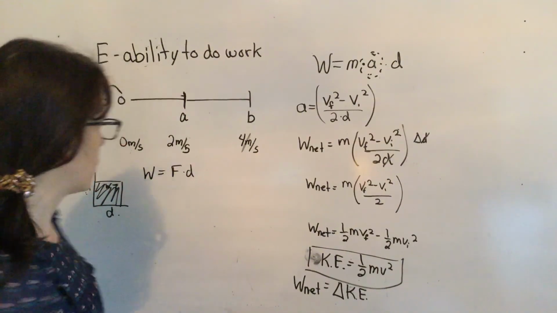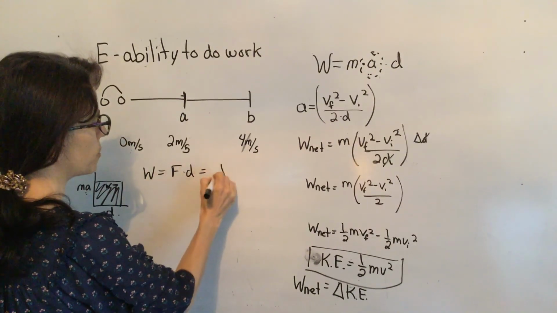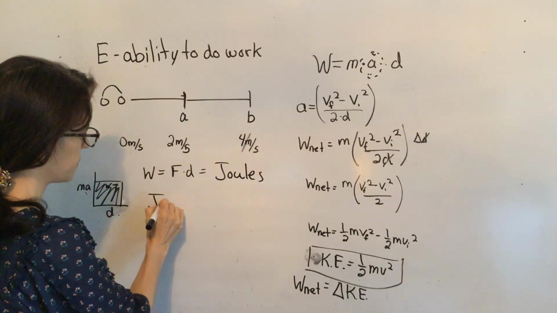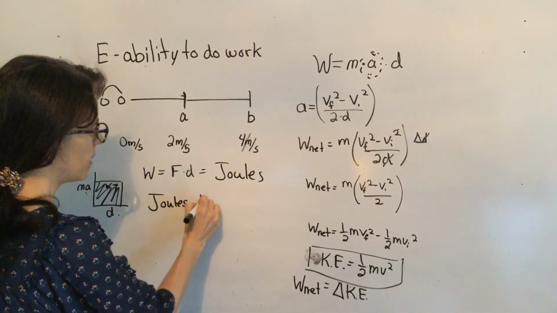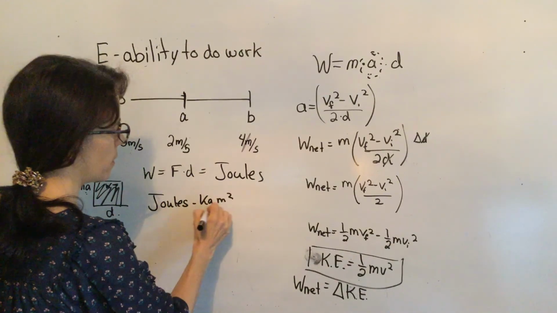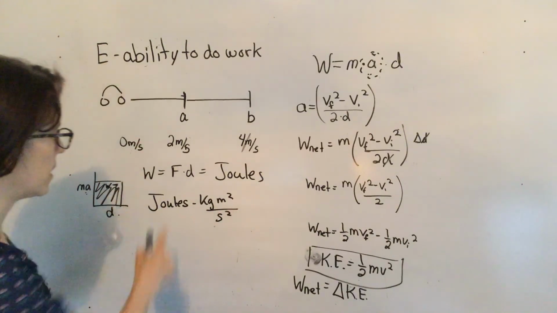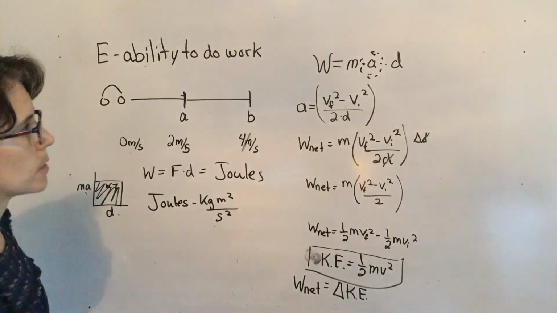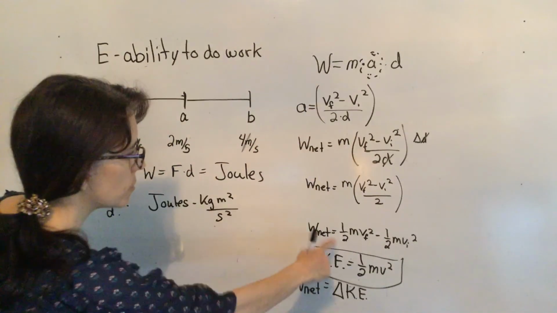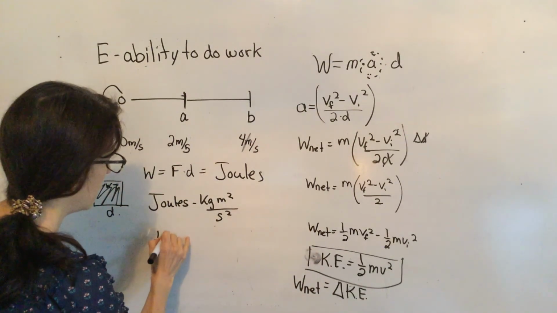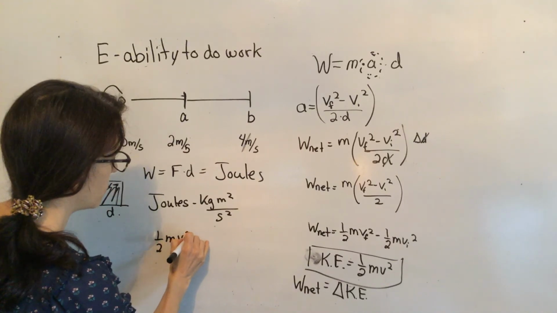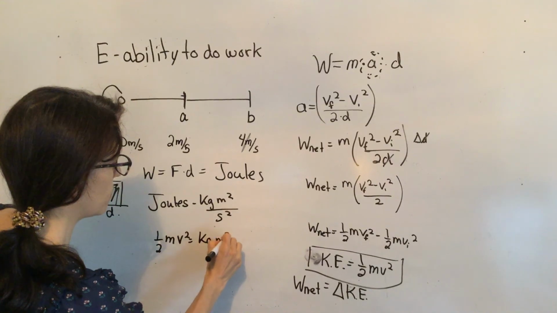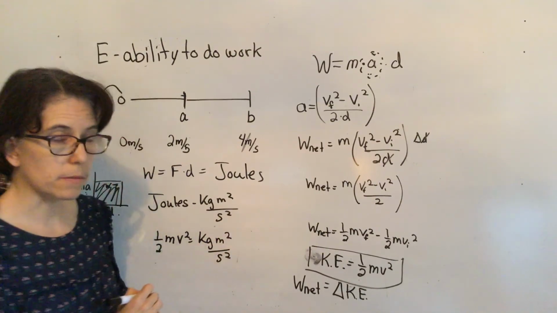So work is equal to joules. That's our unit of work. Joules is derived from kilograms times meters squared over seconds squared. So if you took force times distance, you get kilograms meters squared per second squared. What happens when we use 1/2 times the mass times velocity squared? Well, we also get kilograms meters squared over seconds squared.